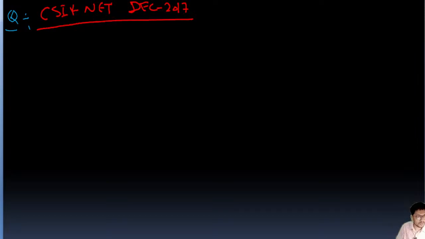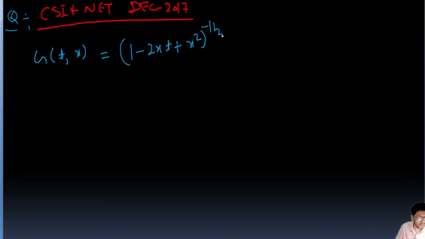Okay, so the question is: G(t,x) is given, guys, and that is given as (1 minus 2xt plus x square) to the power minus half, which is equal to sigma n equal to 0 to infinity t to the power n Pn(x). So this is the generating function given.